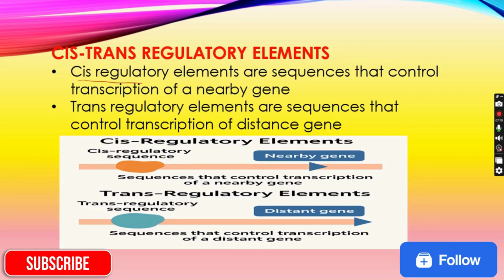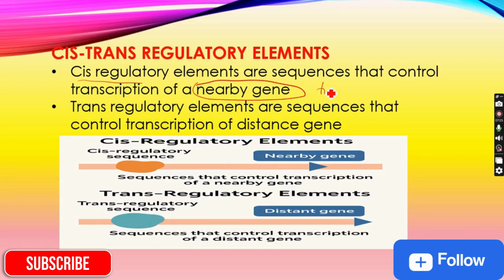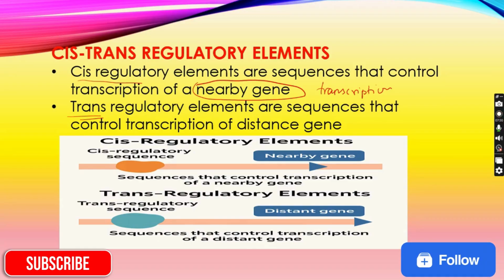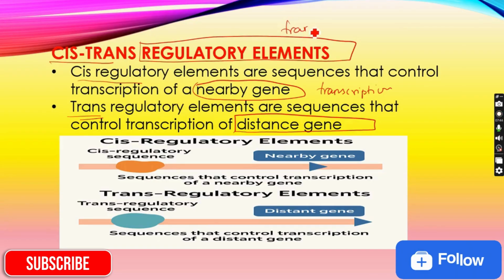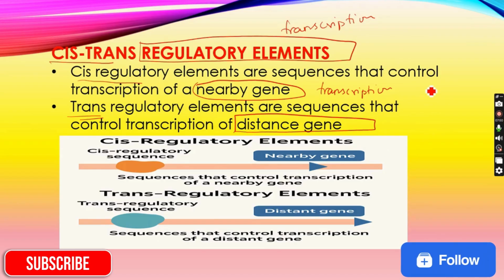The cis regulatory elements are sequences located near the transcription start site, whereas trans regulatory elements also control gene expression but are found at a distance from the transcription region. Both regulate transcription, but their location differs. Cis is present near the transcription region, whereas trans is present at a distance from it.